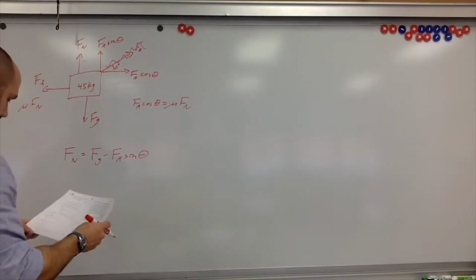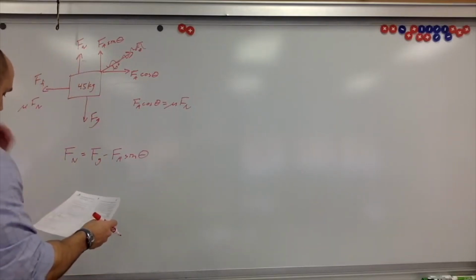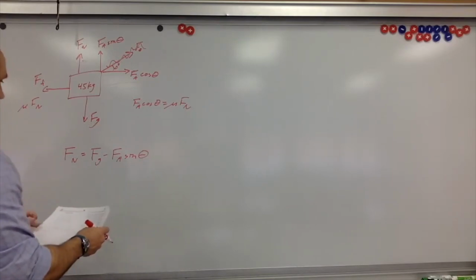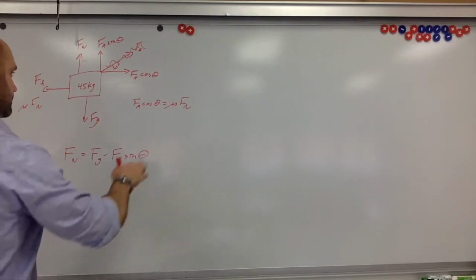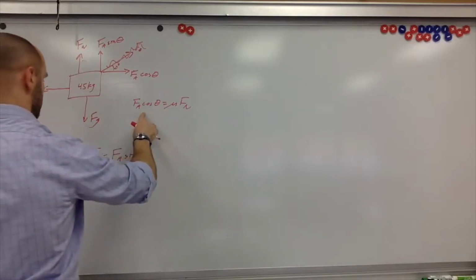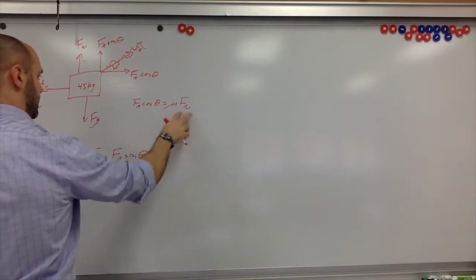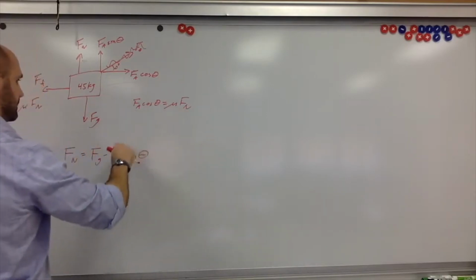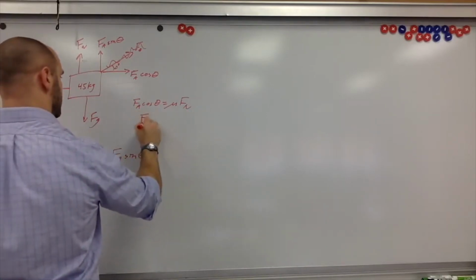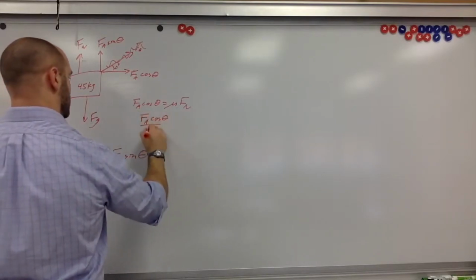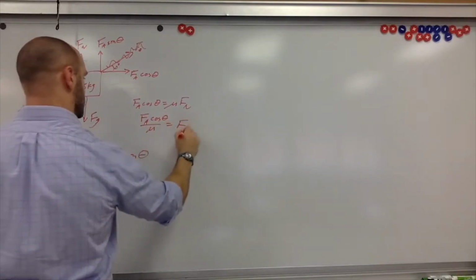And so what we can do is substitute. If I'm solving for Fa, I can solve both things for Fn. So Fa cosine theta over mu is Fn.